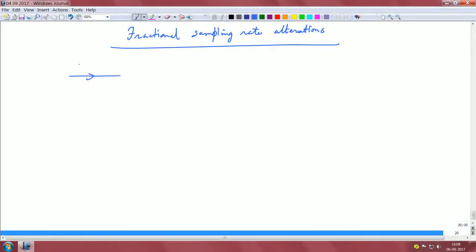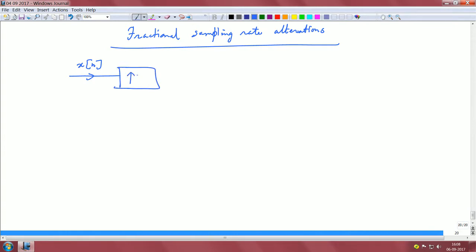So a natural question is, suppose I want a fractional sampling rate conversion, right. I am downsampling by M, so basically I am reducing my rate by 1 upon M, and I am expanding it by a factor L. So basically L upon M is my rate, right. So let us imagine the situation that we have x of n at the input.